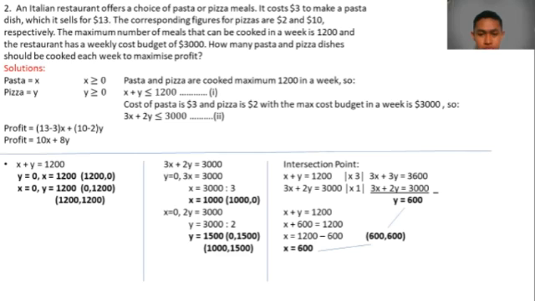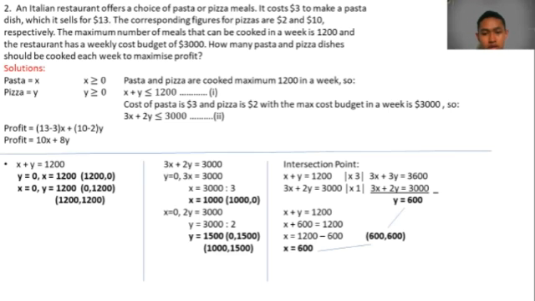To make the coefficient of x the same, we multiply the first equation by 3 and the second equation by 1, so we get 3x plus 3y equals 3,600 eliminated by 3x plus 2y equals 3,000, and then we get y equals 600.